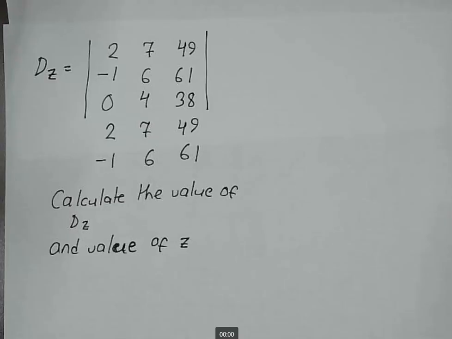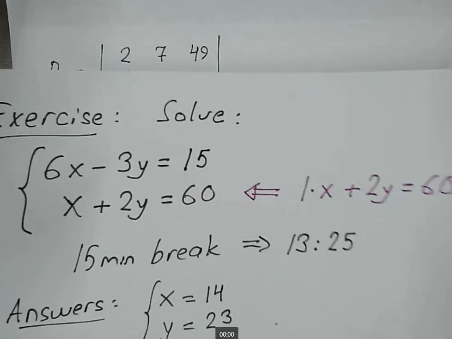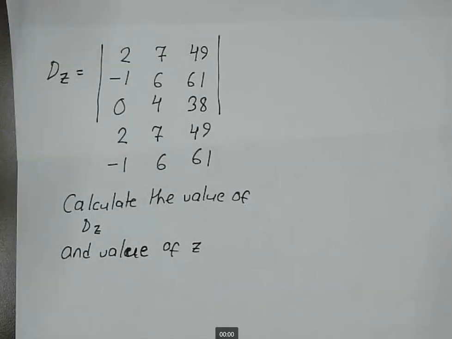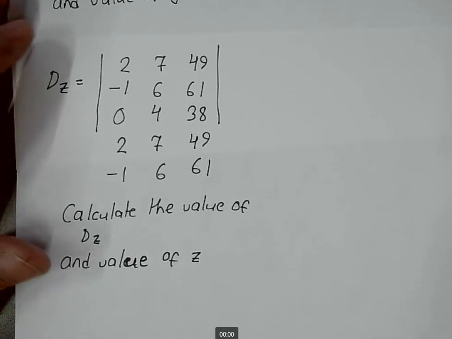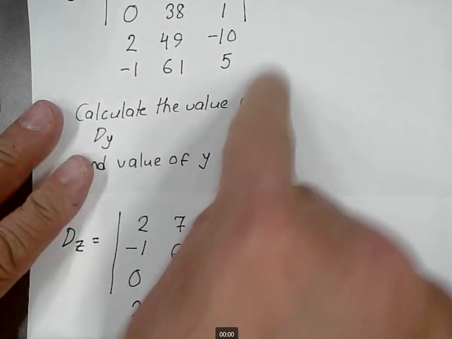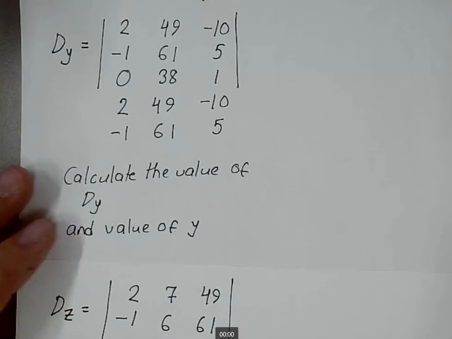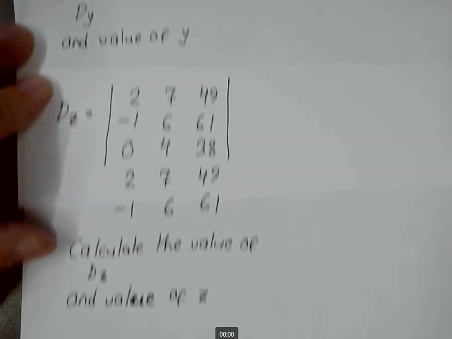So I will leave you time to practice now and try to solve these problems which I gave you. This exercise here solved by different methods, and then this system of 3 equations by using the Sarrus rule when determining the value of these determinants.